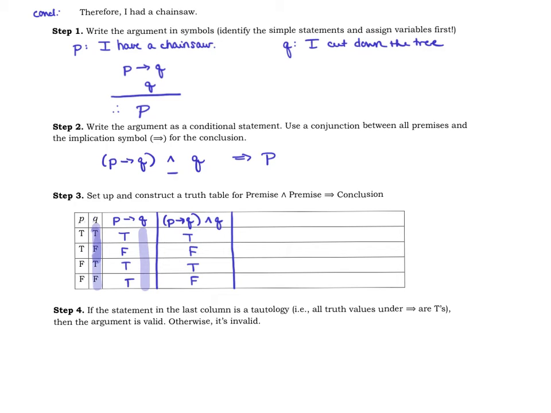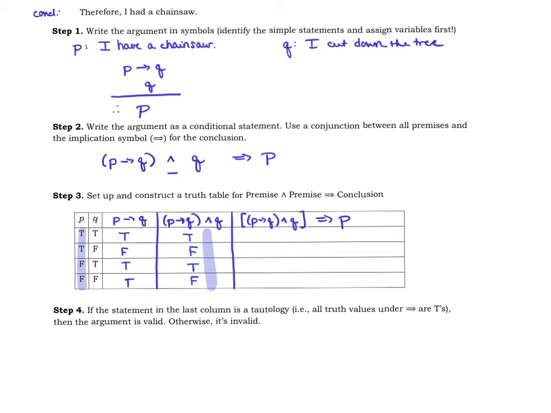And then finally, last but not least, we'll take the entire left side, if P, then Q, and Q. Does that imply P? So we're going to be looking at the column we just did with the P column. And remember, now we're working right to left.